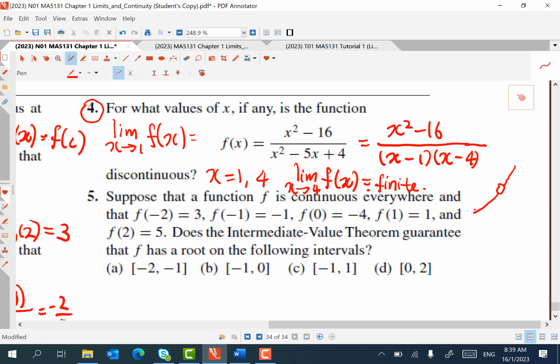When the limit exists and is not infinite, it is a removable discontinuity. So at 4, it is a removable discontinuity. At 1, it is an infinite discontinuity. If you have a GDC and draw the graph, at x equals 4 you see this, and at x equals 1 it is a vertical asymptote.